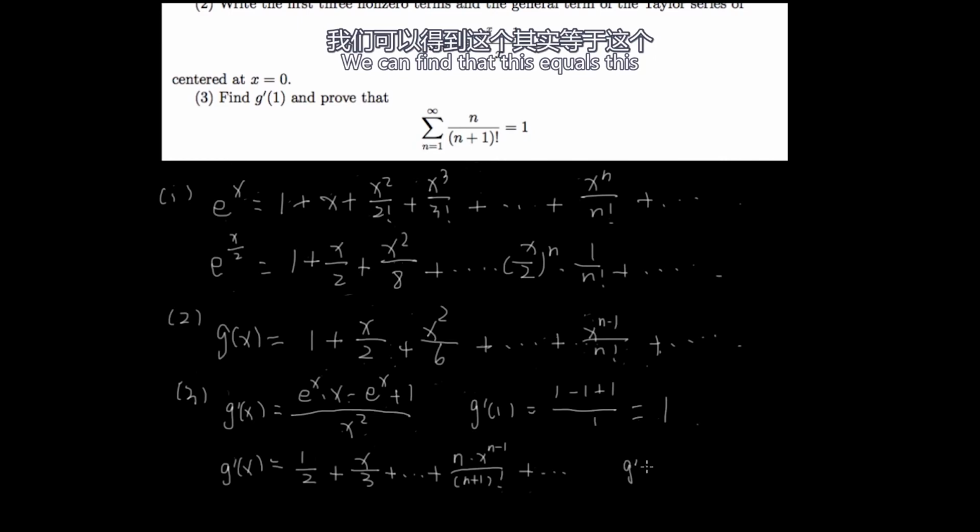So when x equals to 1, we can find that this equals to this. So because the derivative of g(x) when x equals to 1 actually equals to 1. So this is the solution of this question.